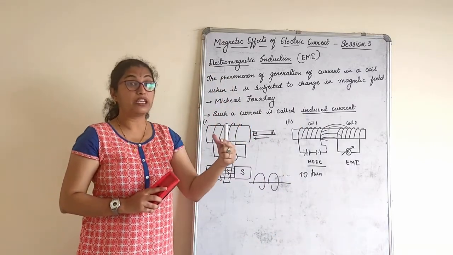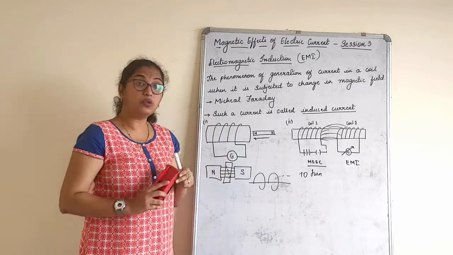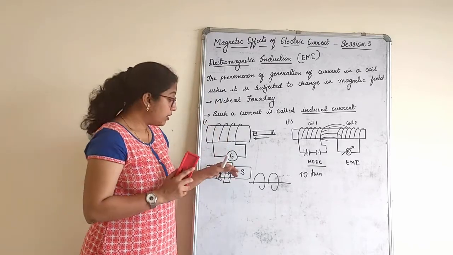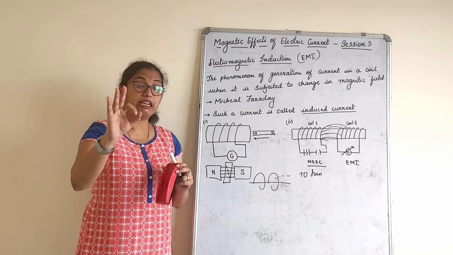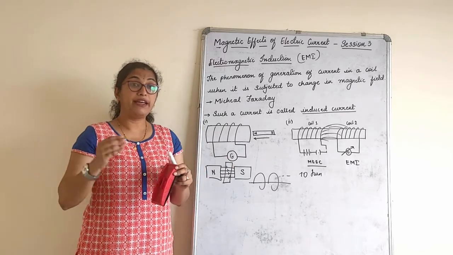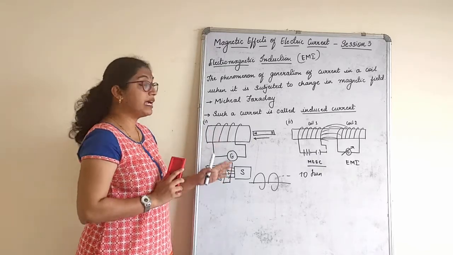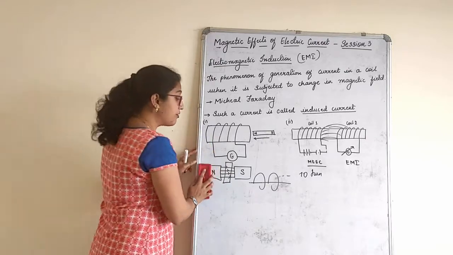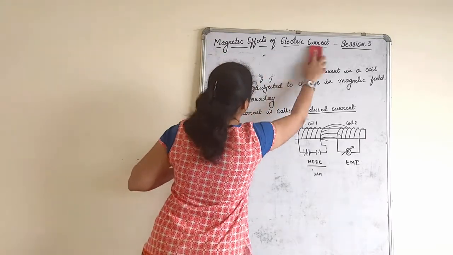The left hand rule gave the information about the motion of the conductor. In the right hand rule, we know how the conductor is moving, we know the motion, we know the magnetic field, but we are not aware which direction the induced current is flowing. So that is given by Fleming's right hand rule. Let us now see what Fleming's right hand rule is.